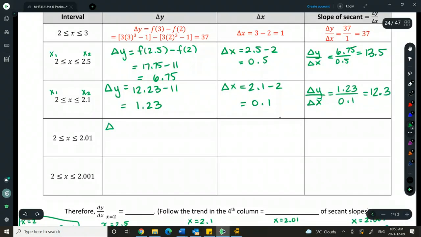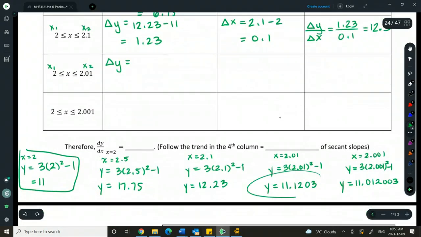Okay, last ones, delta y. So now I'm going to call this my x1, x2. So I'll take my y2, which will be this one, 11.1203, minus my y1, which will be 11. And we're going to get 0.1203.